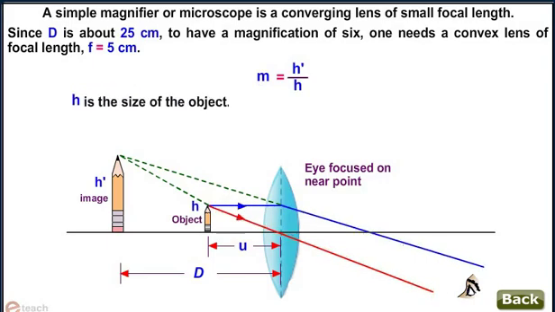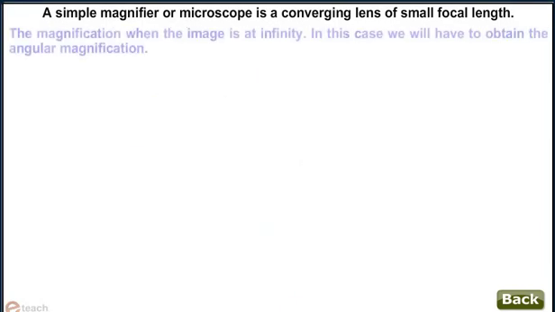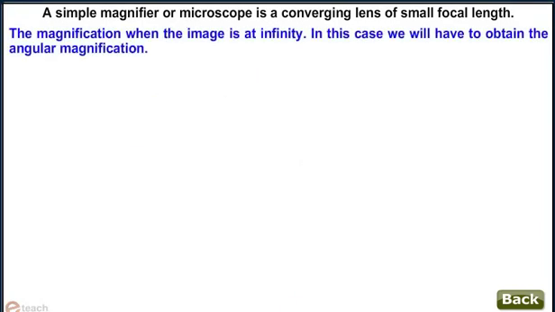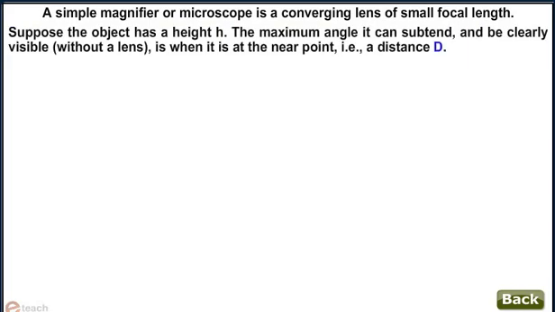We know that M equals h prime by h, where h is the size of the object and h prime is the size of the image. The magnification when the image is at infinity, in this case, we will have to obtain the angular magnification. Suppose the object has a height h.